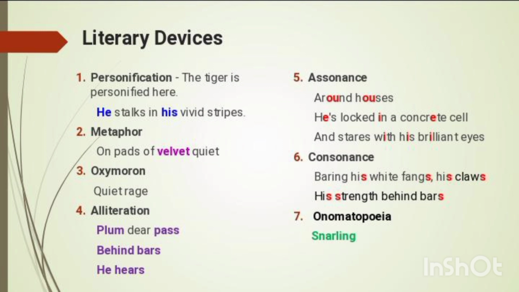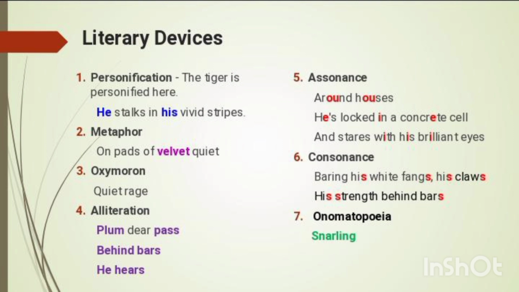The third literary device used is oxymoron. Oxymoron is opposite words that are used together. Quiet rage. Here the tiger is angry because he's in the cage. Quiet is silent, and rage is angry. So two opposites are joined together.